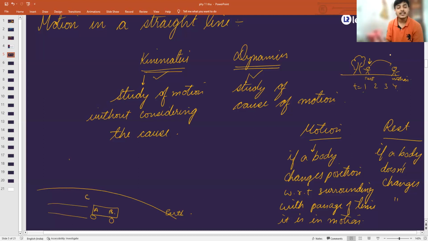Person C is standing here, and person D is in outer space. The bus is moving. A and B are sleeping in the bus, and C is sleeping outside in the lawn, garden.